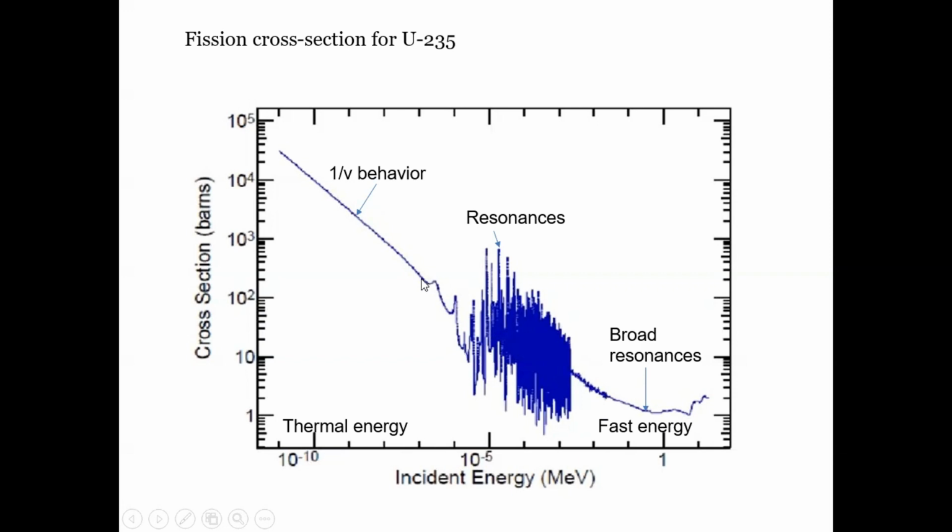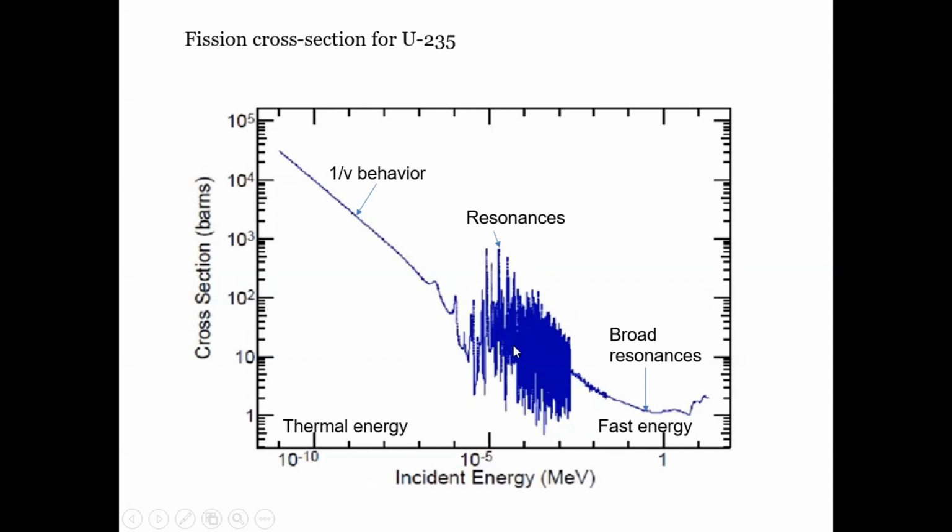A resonance is a type in which the cross-section peaks. And in some cases, it peaks more than the 1 over v behavior values. So resonances are where the cross-section peaks or becomes large. So especially in the energy values, the probability of reaction becomes very large.